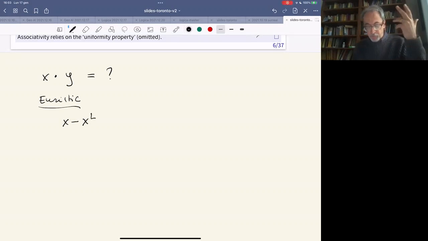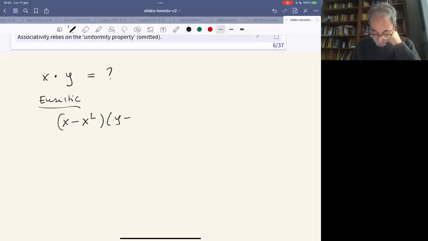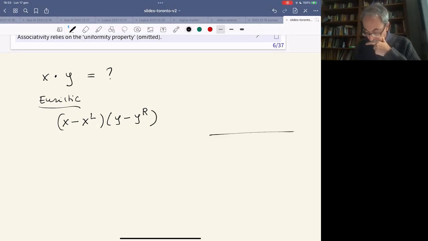Take a generic left option of x and take a generic right option of y. So x is somewhere. It's projected here. The left option is somewhere else. It should be projected here, xl.